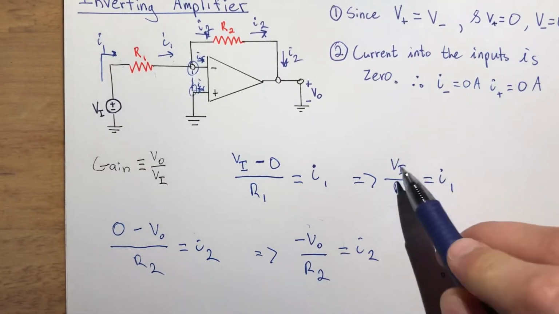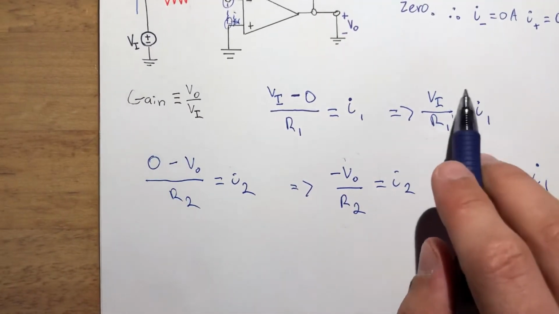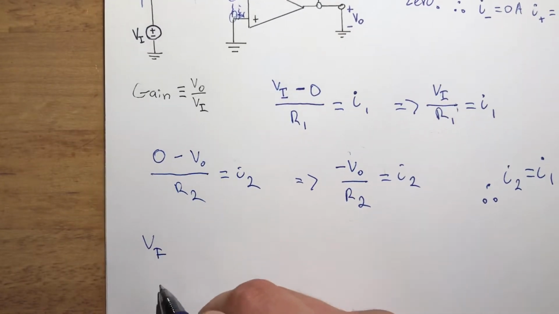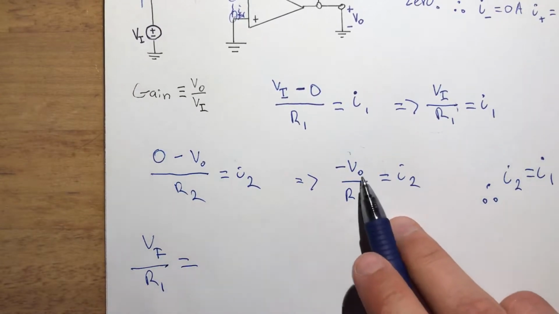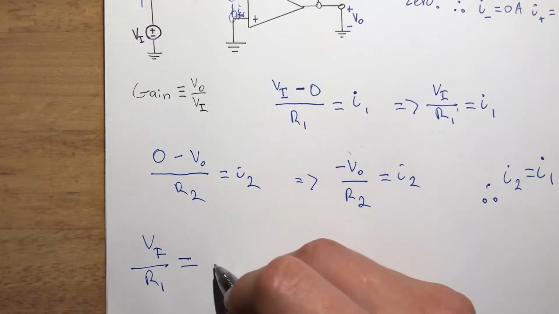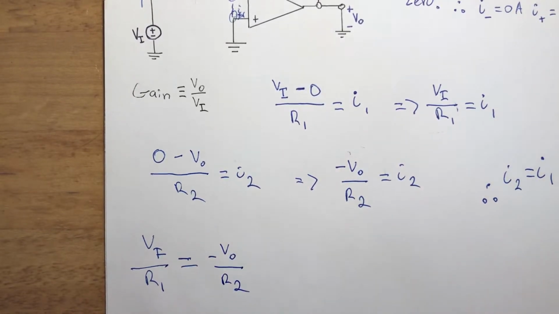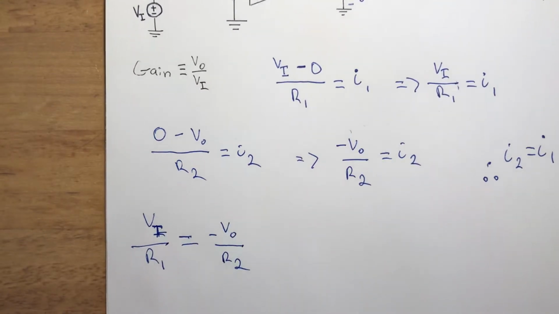This is equal to that. And so if we say that I1, VI over R1, is equal to that, negative VO over R2, we have an algebraic equation here.